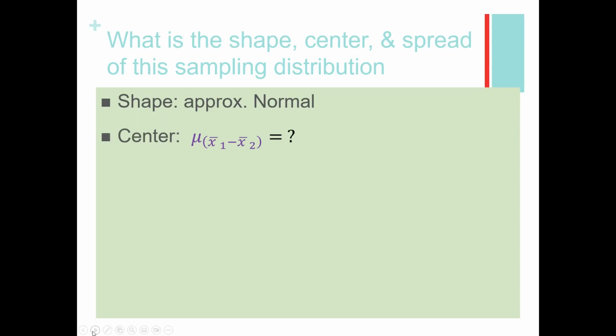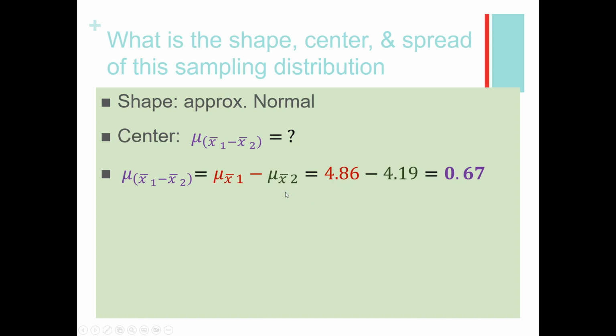The center for the sample distribution of the difference of sample means is simply going to be the result of the difference of means from those two individual sampling distributions. So the sample distribution of the sample means for the first population will be centered around 4.86.